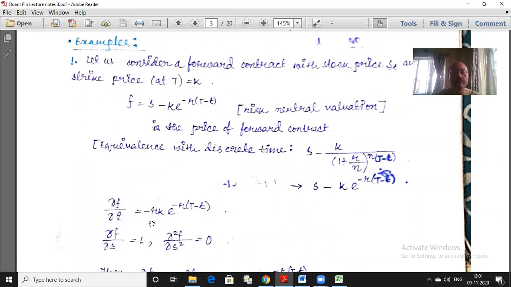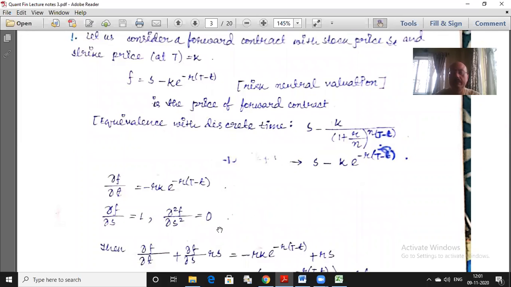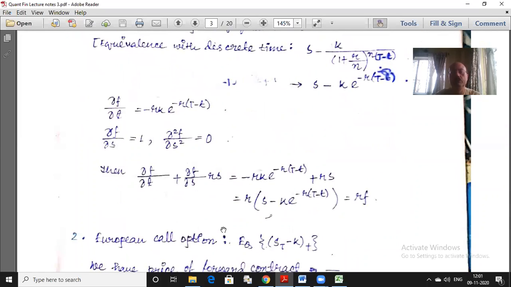So del F del T will be given by this expression here, and so are del F del S and del 2F del S square. So my Black-Scholes PDE will work out to the left hand side being equal to this term and the right hand side being equal to this term. And if you now check, these two sides are exactly the same.